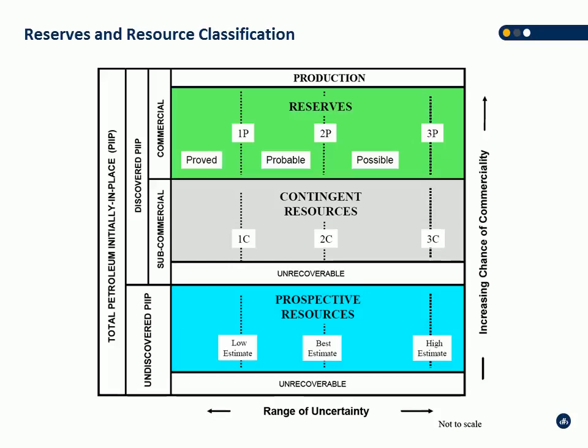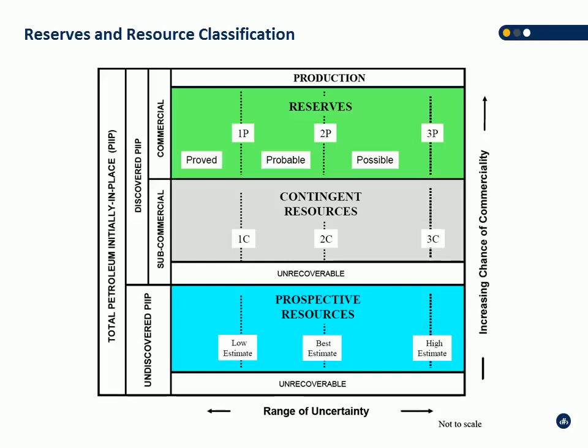So when you're evaluating contingent and prospective resources, you're going to have risk factors based on chance of discovery or chance of development. Those risk factors are to account for chance of failure. If your chance of development for contingent resources is 80% based on the contingencies you've identified, that's the quantitative number you come up with.